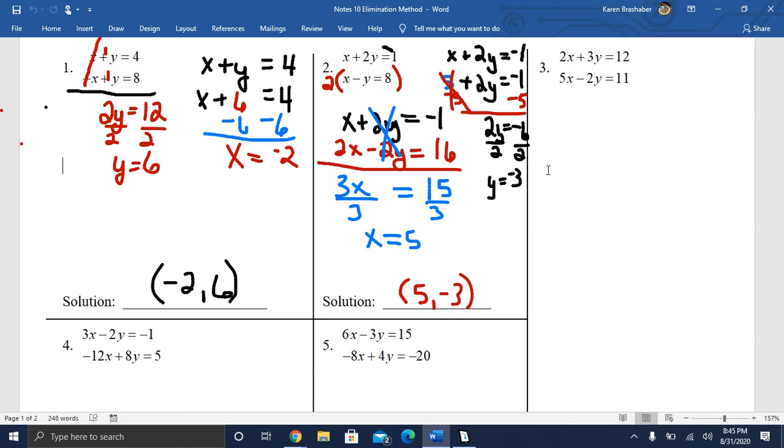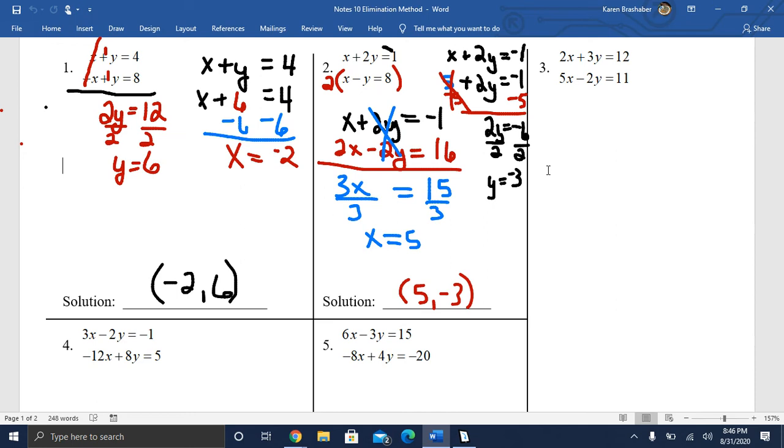On problem number 3, if I add them right now, nothing will eliminate. And I don't have anything in common between the 2 and the 5, or between the 3 and the -2, where I could just get away with multiplying on just one equation.